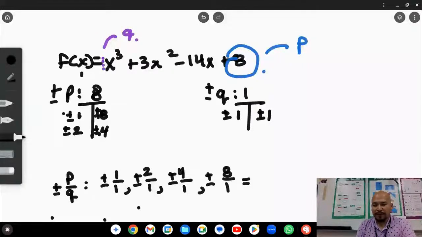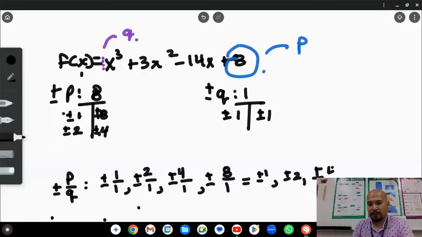When you simplify these, just make sure that you don't repeat the results. So 1 over 1 gives you plus and minus 1, plus and minus 2 over 1 gives you plus and minus 2, plus and minus 4 over 1 gives you 4, and plus and minus 8 over 1 gives you 8.